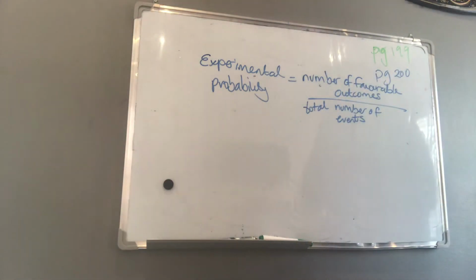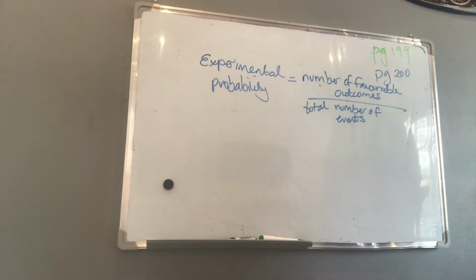Basically, the more times an experiment is repeated, the closer the value of the experimental probability comes to the theoretical probability. So let's look at an example where we have to calculate the experimental probability and the theoretical probability so that we can see the difference between the two.